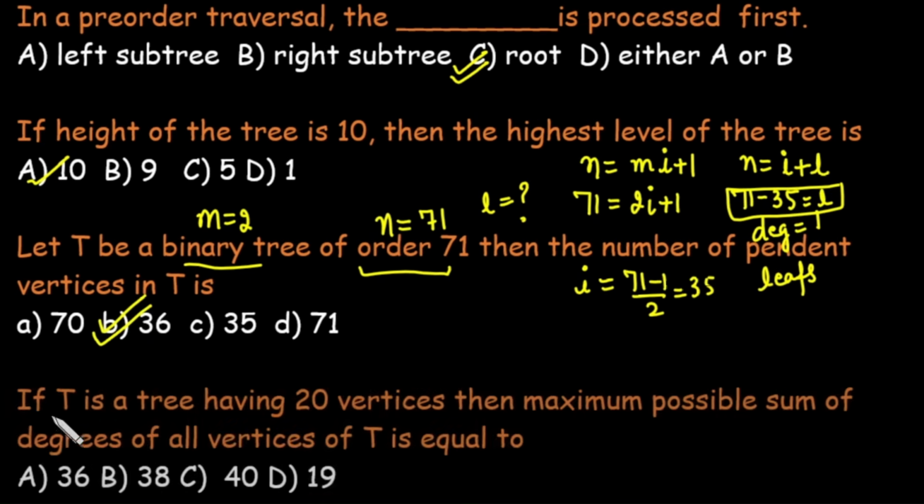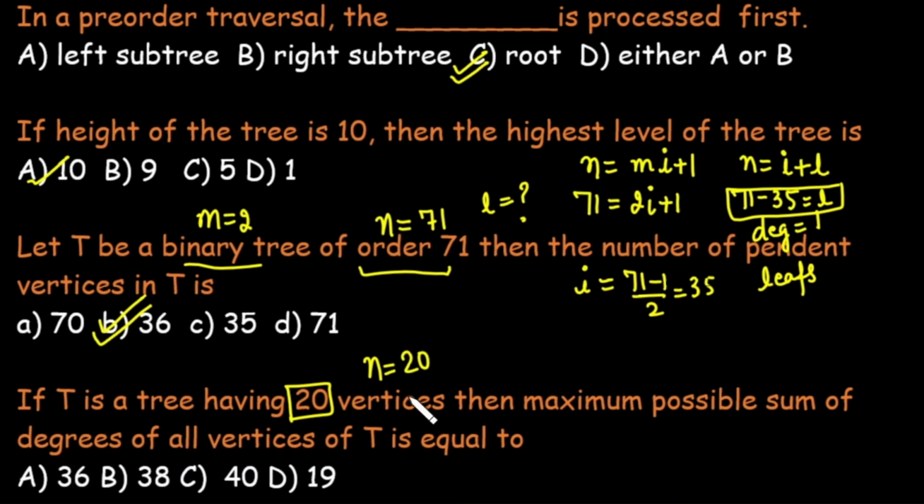Next question: if T is a tree having 20 vertices, then what is the maximum possible sum of the degrees of all vertices in the tree? Simple concept: the total number of vertices we have is 20. As per the requirement, we need to find the maximum sum of degrees of all the vertices.